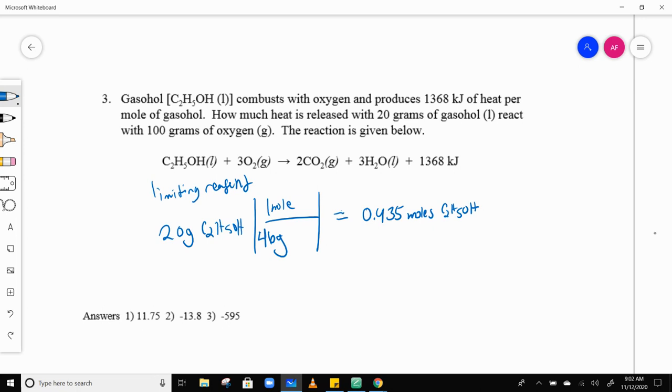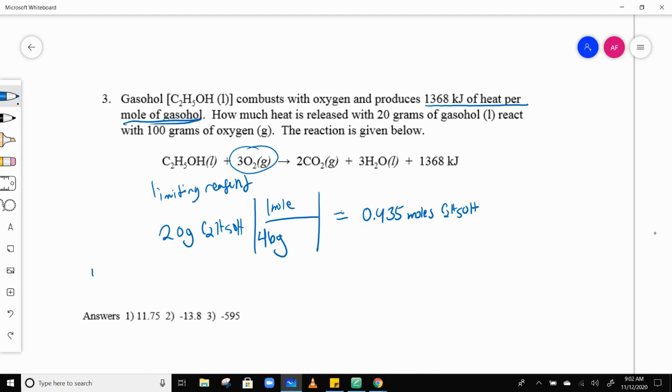Okay, and in reality, we can pause there for a second, because what I want to do is see how much of this O2 is going to react with the gasohol. So I'm basically going to do a conversion from oxygen to gasohol, because the heat of combustion is given per mole of gasohol.